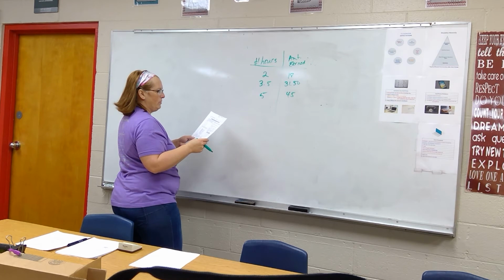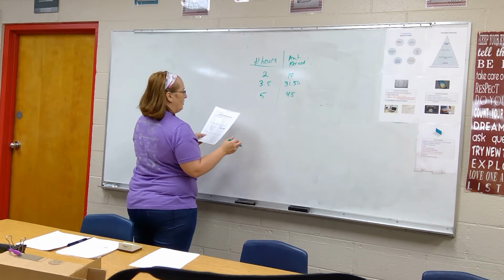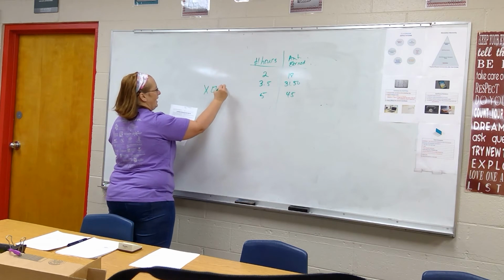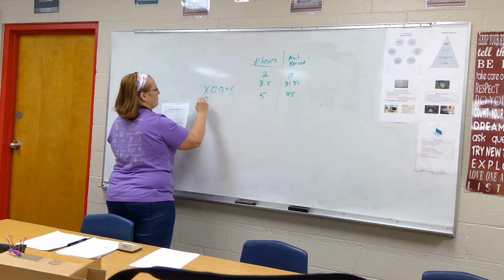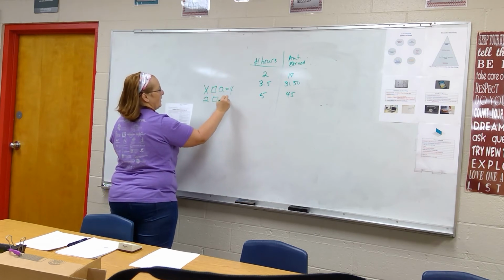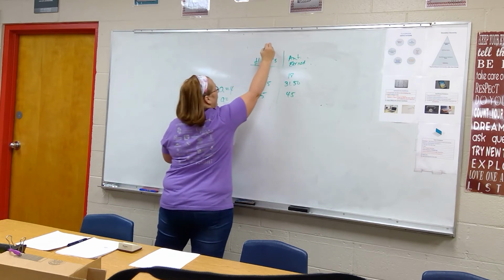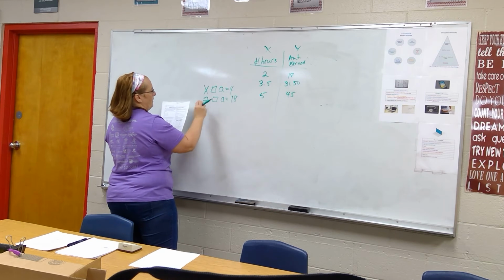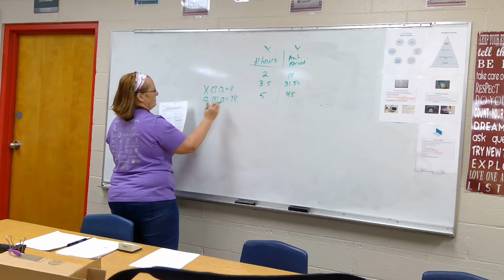Which equation best represents the relationship? So you're going to have to write out your equation. So we need to do x something A equals y. X was 2. I have my something, trying to find A. My y is 18. So I have 2 something A equals 18.